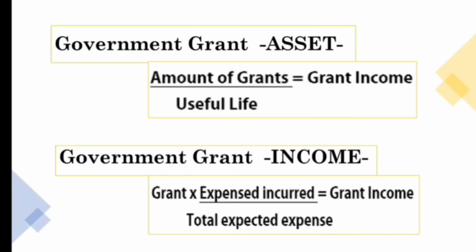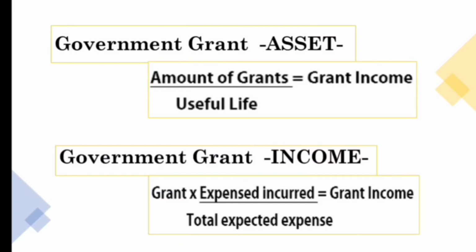So, kanina nalaman na natin kung kailan pwedeng i-recognize ni entity yung government grant. And nalaman na rin natin kung paano nire-record ni entity initially yung grant na ma-receive niya. So, paano nga ulit yon? Diba nire-record ni entity yung grant na na-receive niya as liability account.